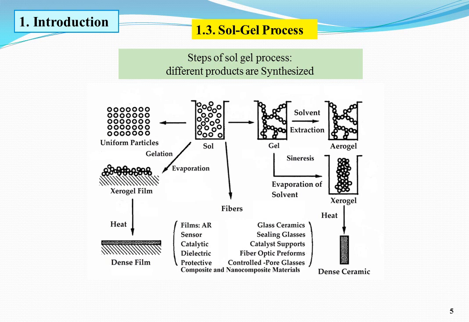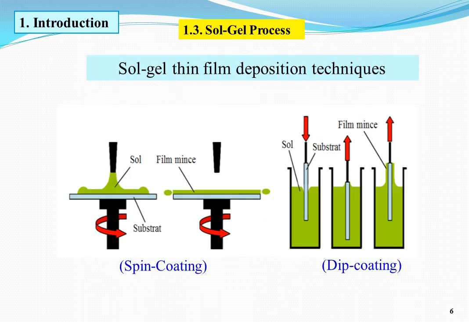The sol-gel process is a wet chemical technique and involves several steps in the following chronological order: hydrolysis and polycondensation, gelation, aging, drying, densification, and crystallization. The main techniques used in the sol-gel process are spin coating and dip coating.